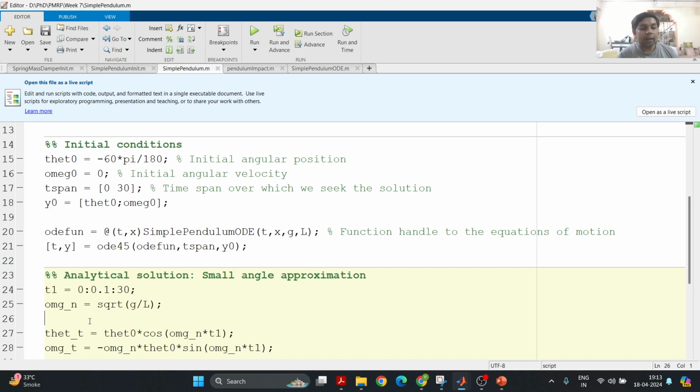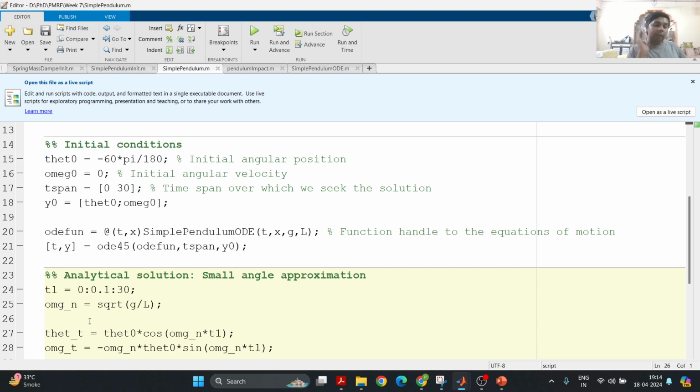And then we can write the expression for the angular velocity and angular position with respect to time using this analytical solution, for the same set of initial conditions that we are considering for the ODE45 solution.